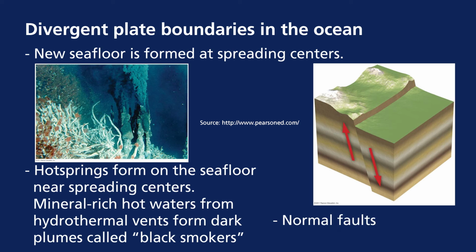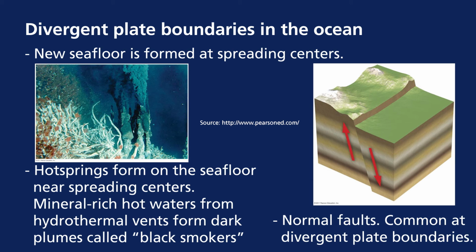Divergent plate boundaries can happen on the seafloor as well as on land. In Africa, in the eastern Rift Valley, it's happening on land. But of course, it can also happen, as you see here on the left-hand side, underwater.